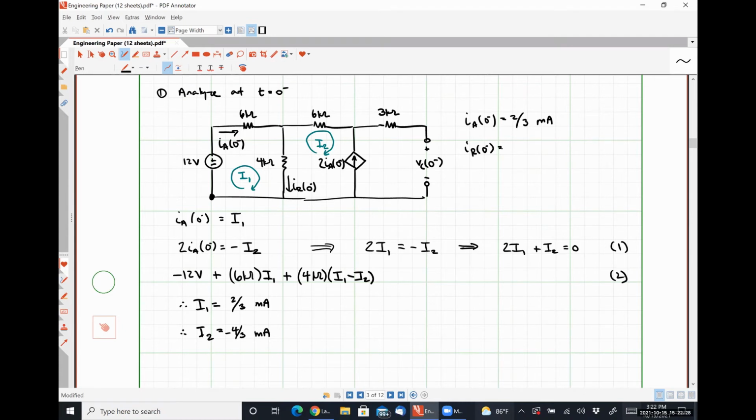Right, so 2/3 minus negative 4/3 is going to look like 6/3 or 2 milliamps, I believe. And now we come to VC.